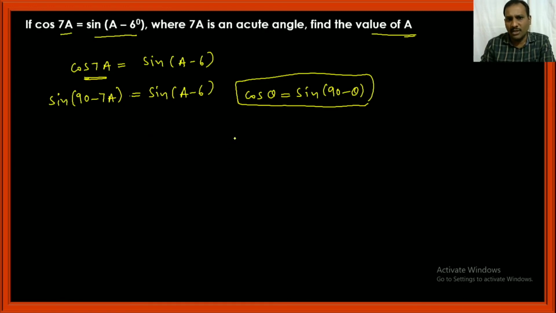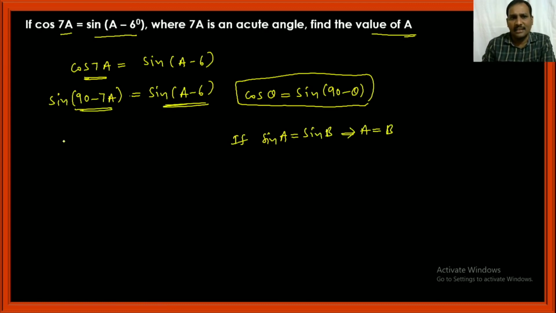Now suppose sine a is equal to sine b, that implies a is equal to b. So now sine 90 minus 7a is equal to sine a minus 6, then 90 minus 7a is equal to a minus 6. Now let us simplify and solve it for a.